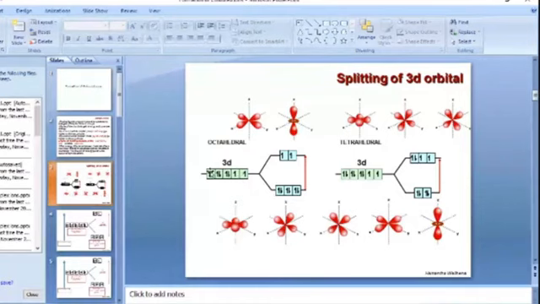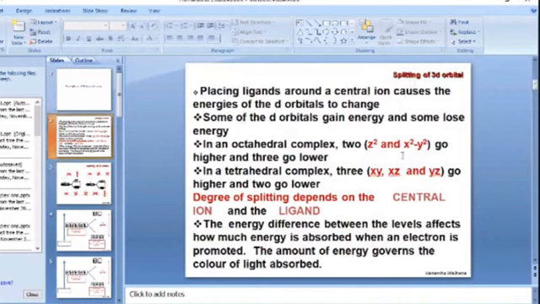What will happen is the 3d will split and the electron arrangements will be as arranged after the split here. So these are the two we are talking about. The z squared and the xy will go to a higher level, and the other ones will go to the lower energy level.